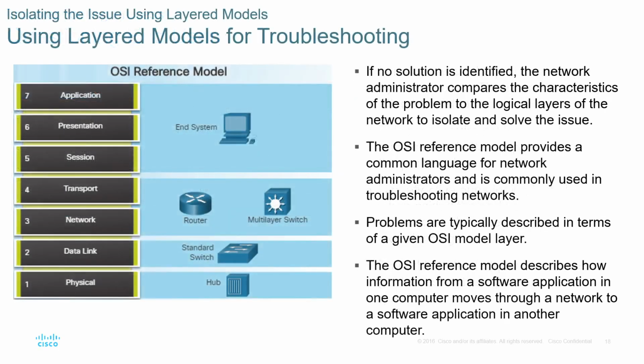Now, using the layered model for troubleshooting, after we gather the symptoms and when we're narrowing the scope, we have to understand the technologies. If we don't understand the technologies, we won't be able to troubleshoot, guys. That's why the OSI model, which basically tells us how communication works, is so important.